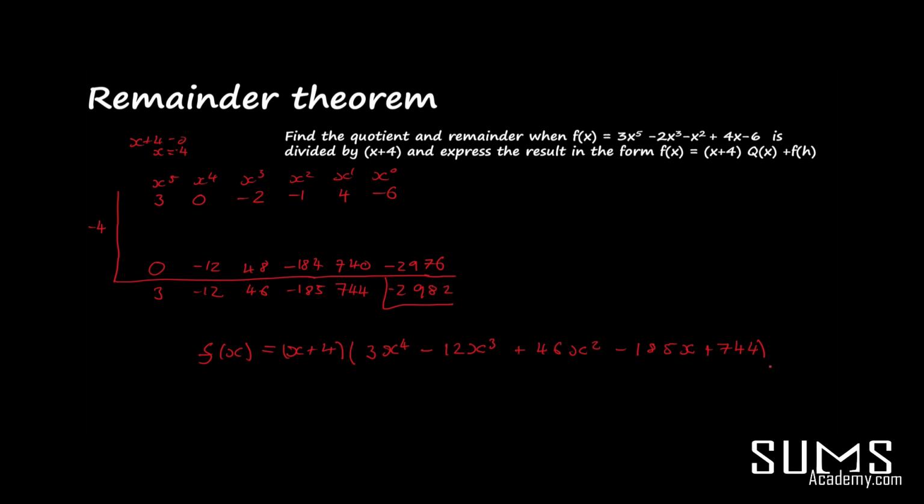Then you're going to have at the end minus the remainder, which is 2982. So that's your final answer here.